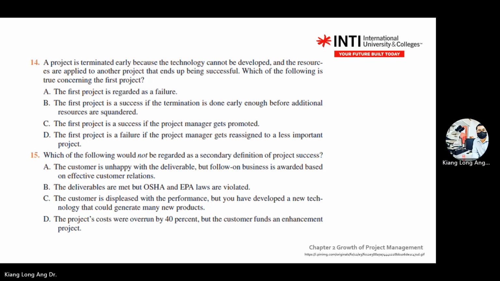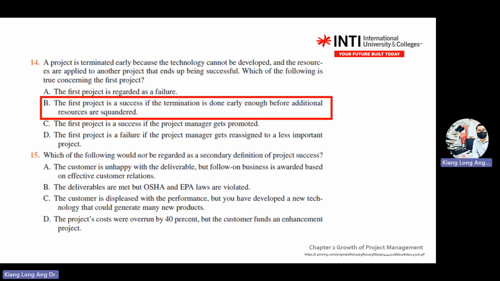Okay. So a project is terminated early because technology cannot be developed. Resources are applied to other projects that end up successful. Okay. So which is following concerning the first project? Whether it's failure, success, or what? What do you think? Okay. So the first project is a success because termination is done early enough before additional resources are squandered.